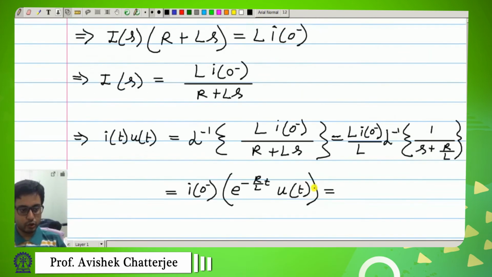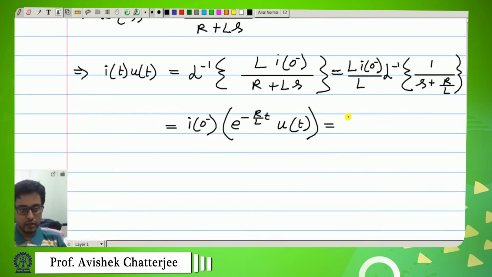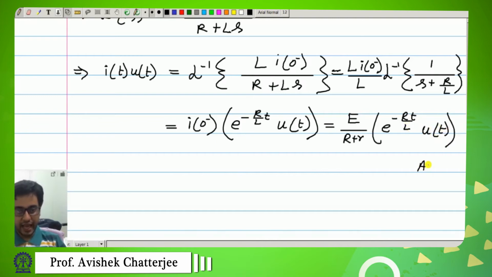So you can put that value, E by R plus r, e to the power minus Rt by L u(t), and that is the answer.